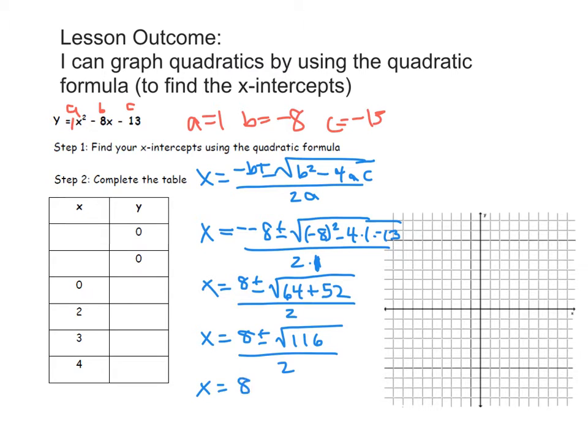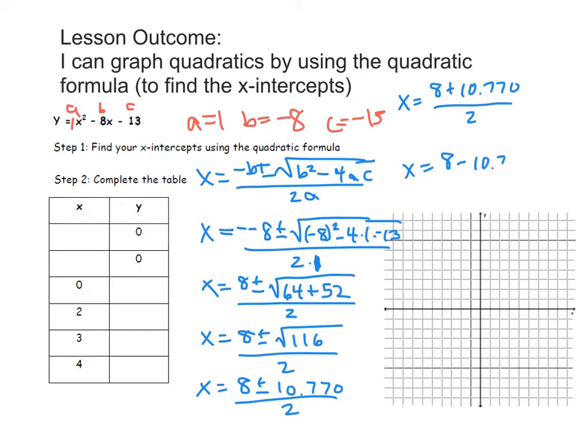x equals 8 plus or minus, our rounded answer here would be 10.770, all divided by 2. And I'll come up here to finish. So we've got x equals 8 plus 10.770, all divided by 2, or we have x equals 8 minus 10.770 divided by 2.